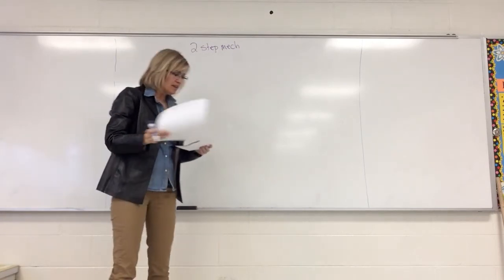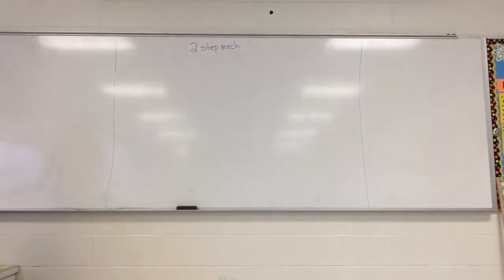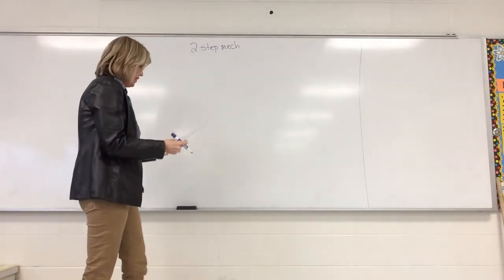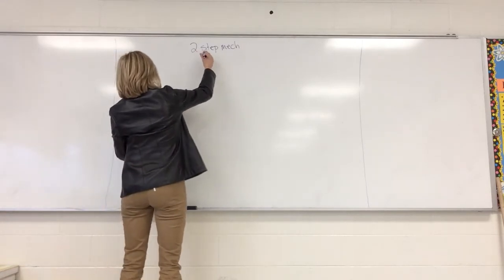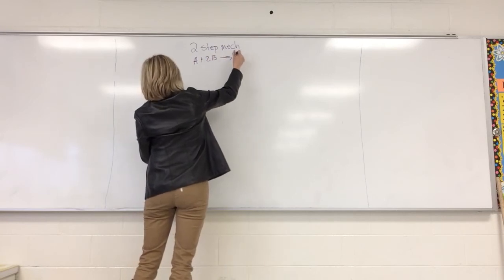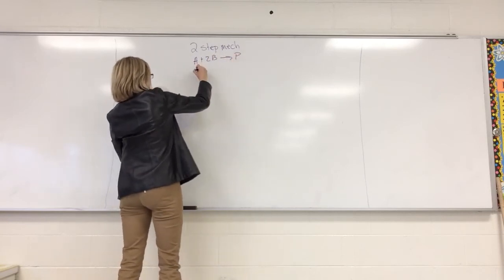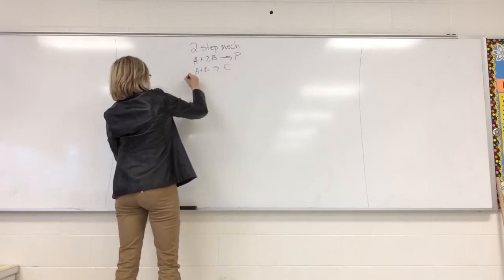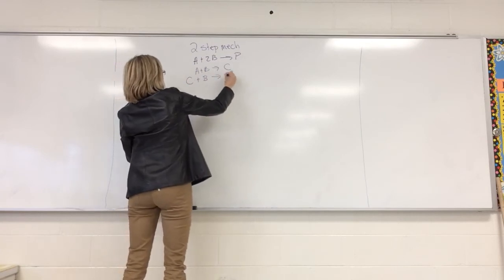All right, and let's go back to one that was easy, letter C on page 15 in the middle, where here was the reaction, A plus 2B goes to P. And we said a 2-step mechanism for this could be A plus B equals C, and then C plus B goes to P. All right?